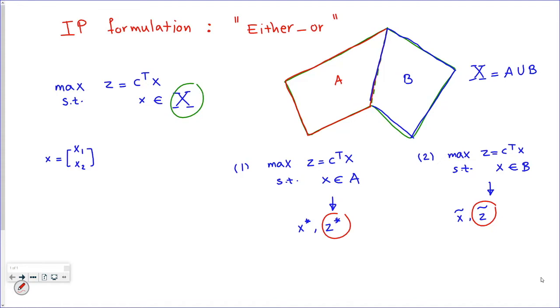So instead of formulating one problem, I could formulate two different linear programming problems. Still not good enough, because my objective is to formulate a single mathematical optimization formulation for this problem, not two of them.